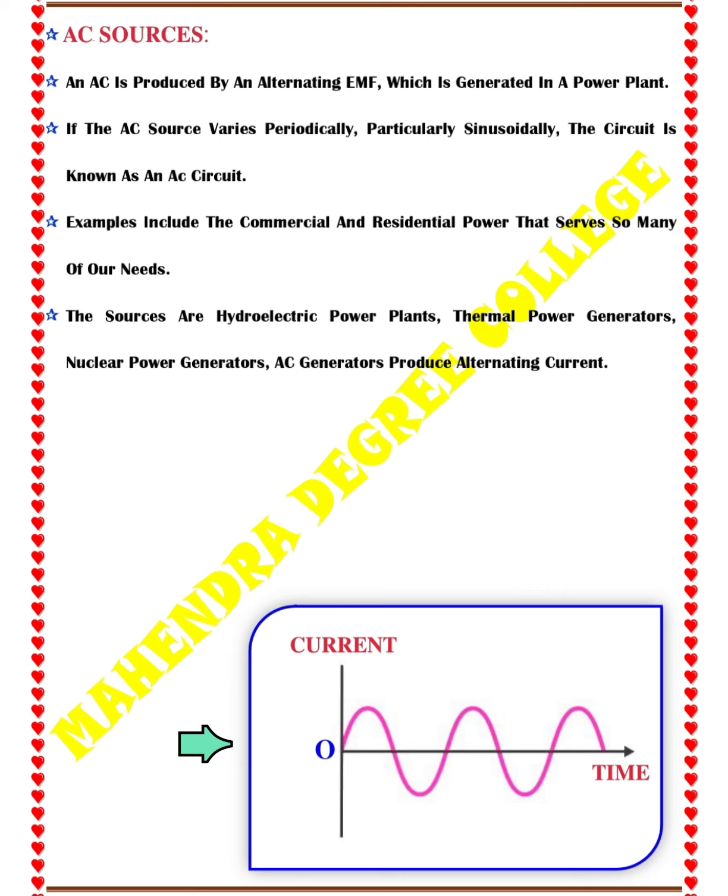Sine wave shape. The smooth wave represents a sinusoidal waveform typical of AC power. It repeats in cycles. One complete cycle includes a positive and negative half.